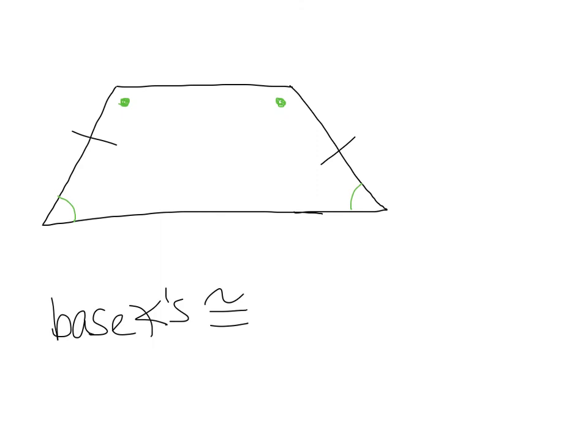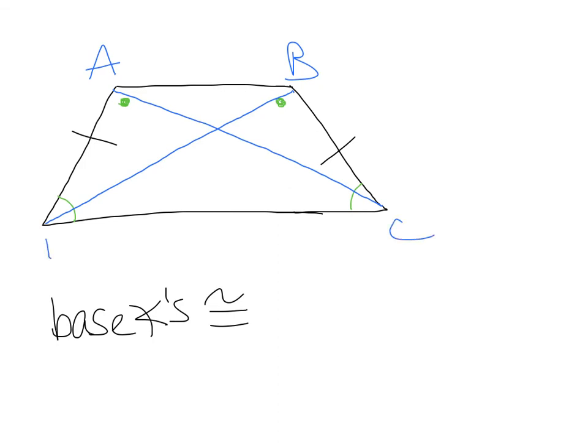The other thing that's true is if I drew in diagonals, okay, and I'm going to label this, okay, and I would like to just look at this for a second, and if you could see, look at, let's say, this triangle. Okay, and then let's look at, say, this triangle.